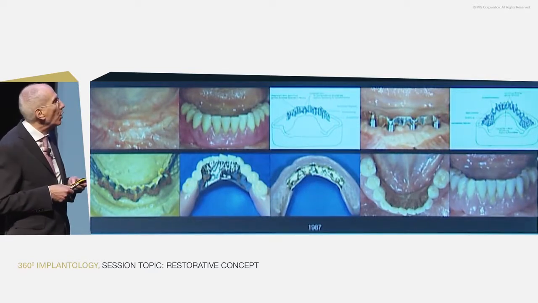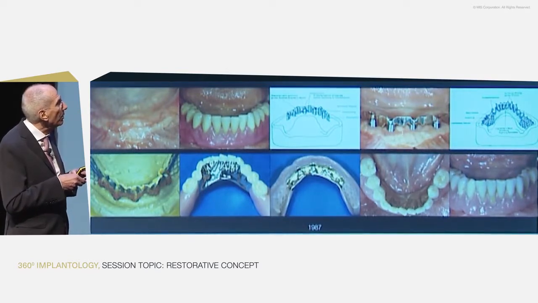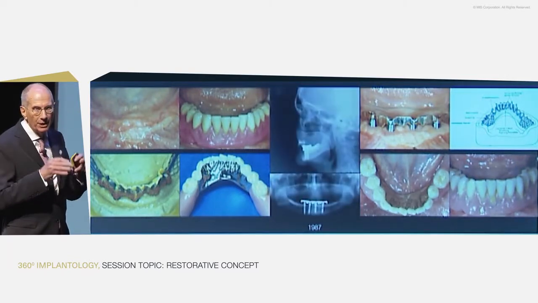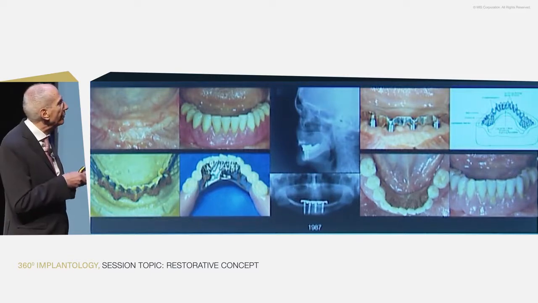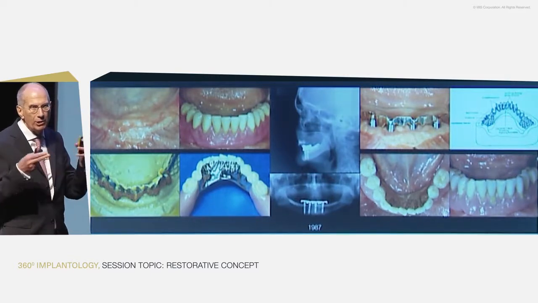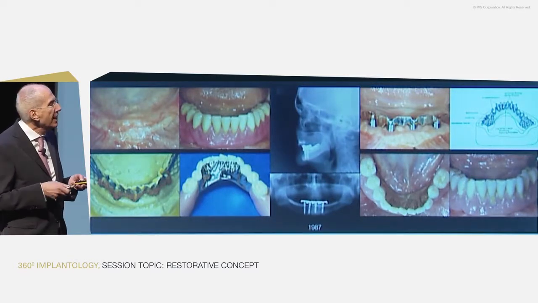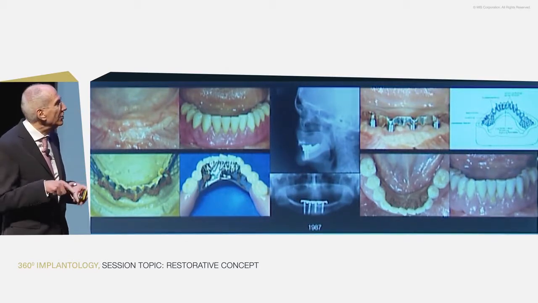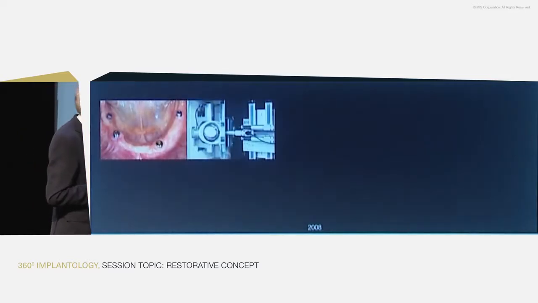Gold was the number one material that was used, gold for the bar, gold for the overdenture too. And at that time, there were different rules. Very long implants were placed, bicortical stabilization, interforaminal placement, all these aspects that have changed. There is no time to go into that.